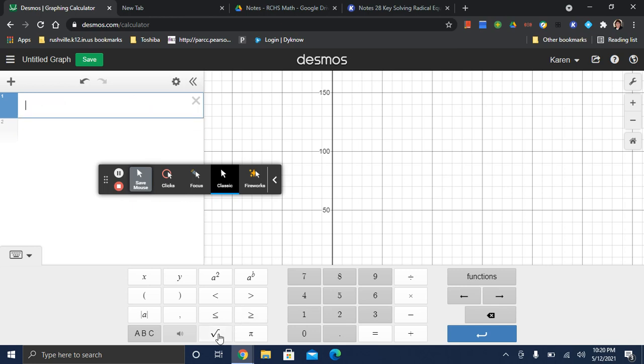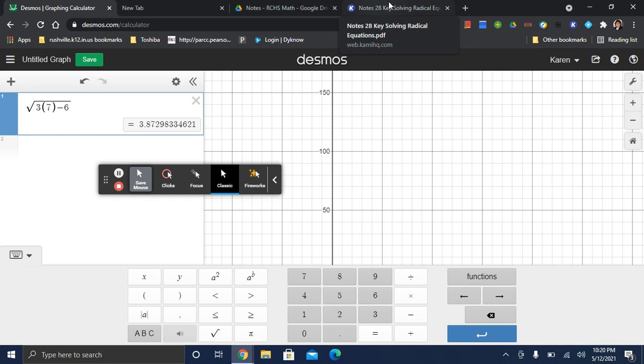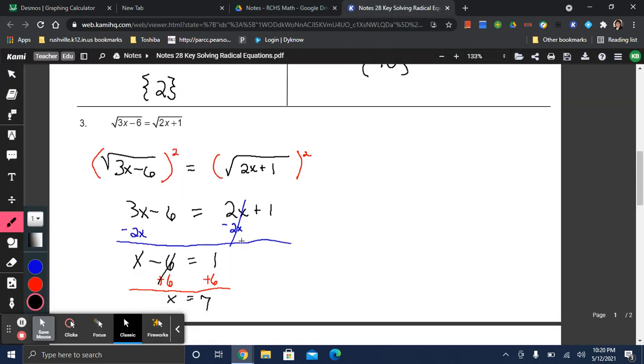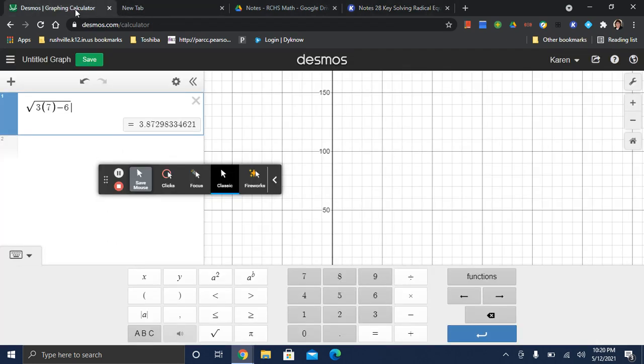So the square root of 3 times 7 minus 6. And it does give us a decimal, but the other side is also a square root. And it's supposed to equal the square root of 2 times 7 plus 1.